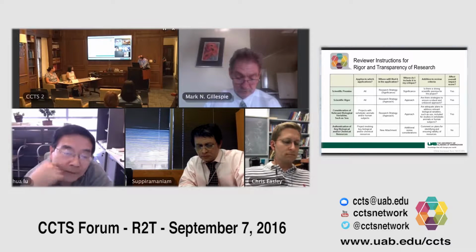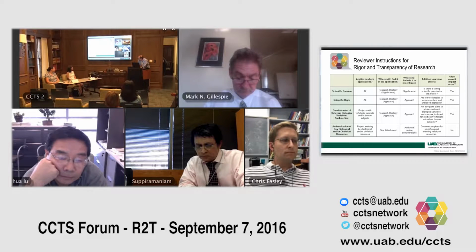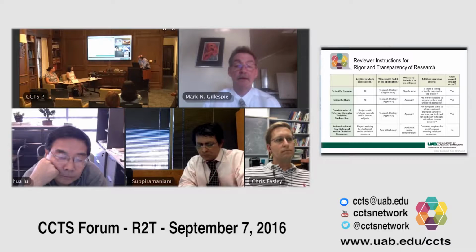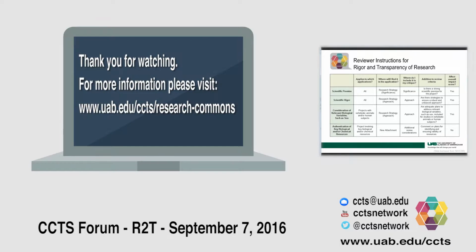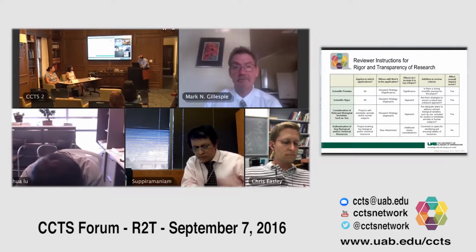How much discussion was there with regard to strategies and attention paid to consideration of relevant biological variables, especially in certain studies such as focusing on sex or age or other biological variables? How much attention was drawn to that, and was it just an acknowledgement of, yes, we're going to include both sexes, or was there more discussion than that?